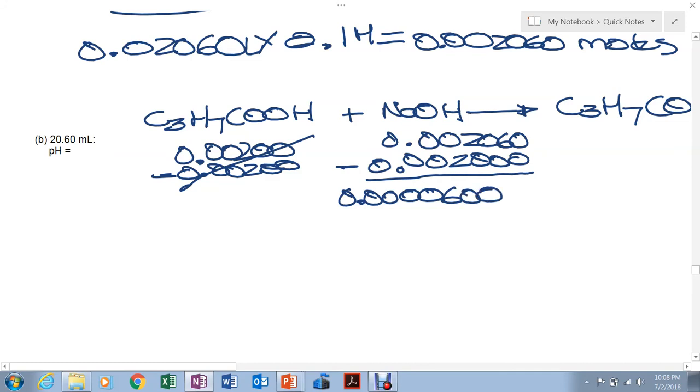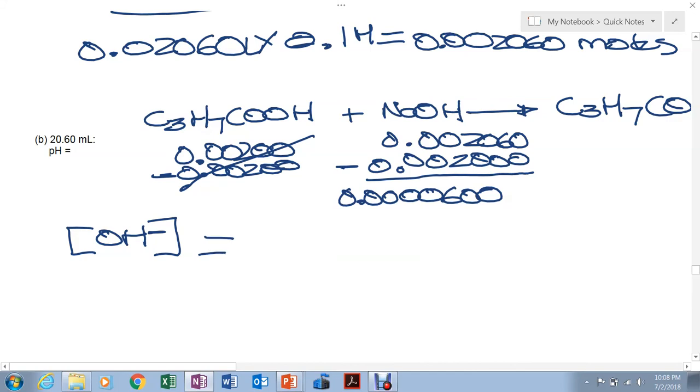Now this is a strong base, so what you're going to do is find the concentration of OH.